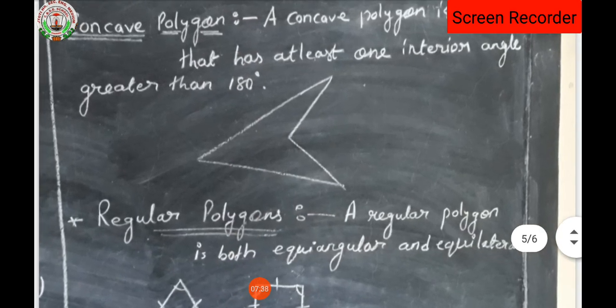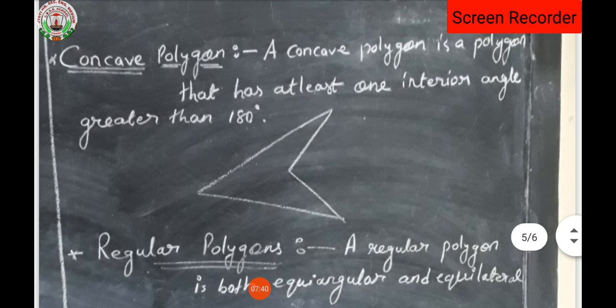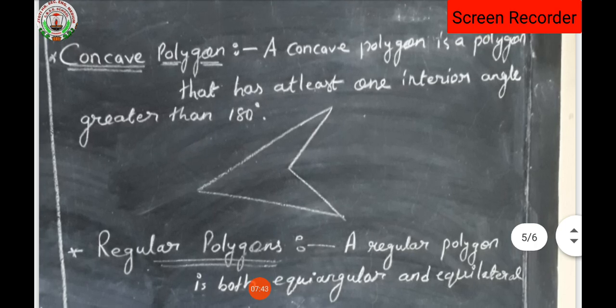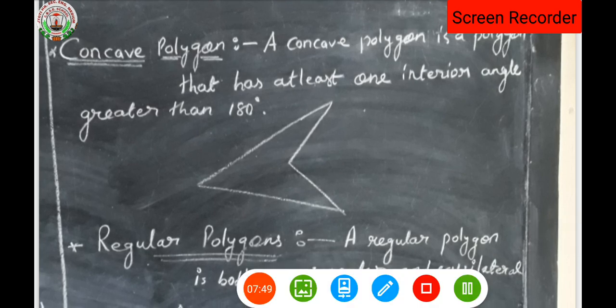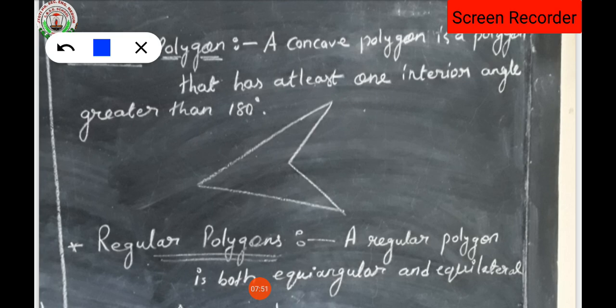concave polygon. A concave polygon is a polygon that has at least one interior angle greater than 180 degrees. Concave and convex, lots of differences there. In convex, the angles, whether 4 angles or 5 angles, are all less than 180 degrees. But in this concave polygon, any one interior angle is greater than 180 degrees.